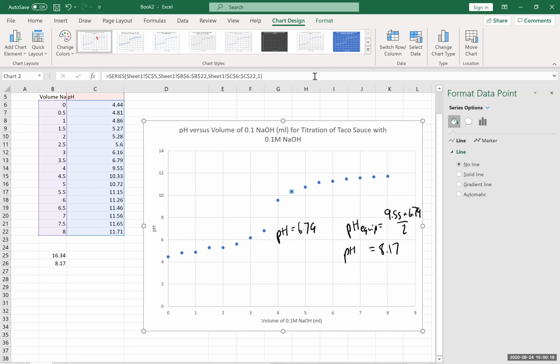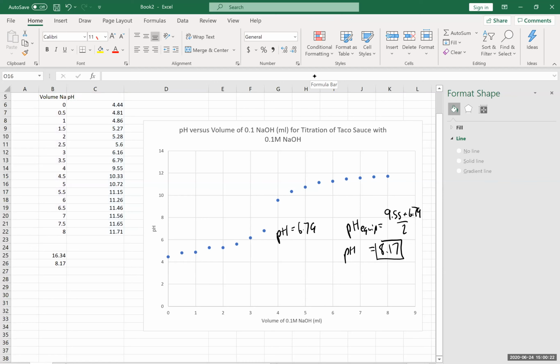So what you're going to do next, now that you know the pH, is extrapolate your curve. Our pH is slightly above 8, and we're going to extrapolate our curve to the point in your chart.